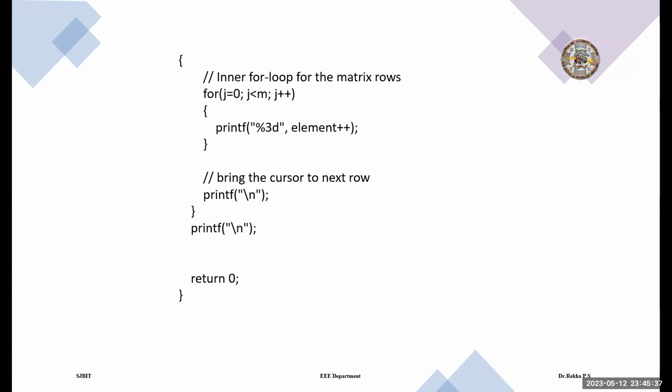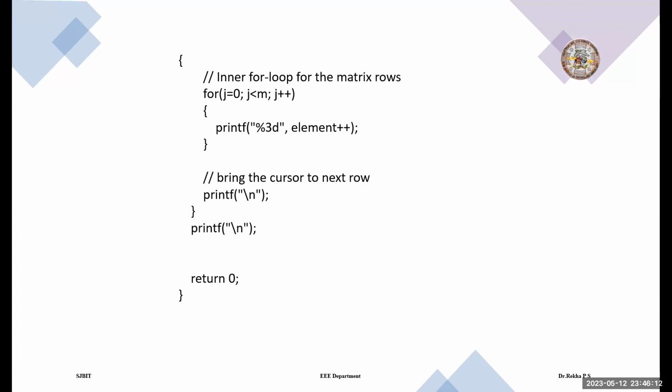You have to check the condition j less than m. If that condition is true, only then it will get inside the for loop and execute the printf statement. We can see in the printf statement element plus plus, so it will increment once.